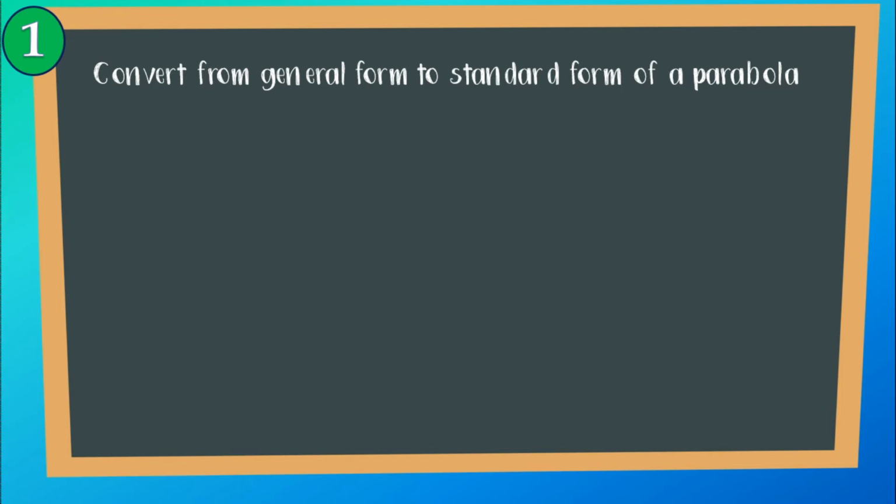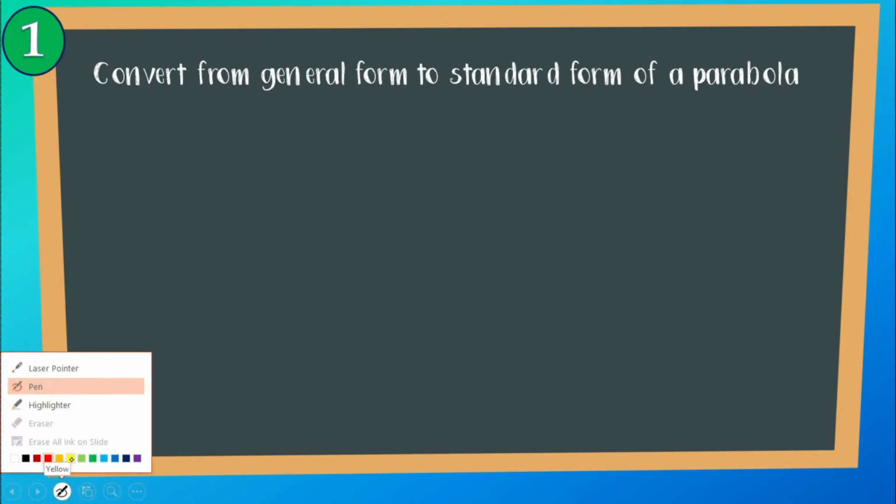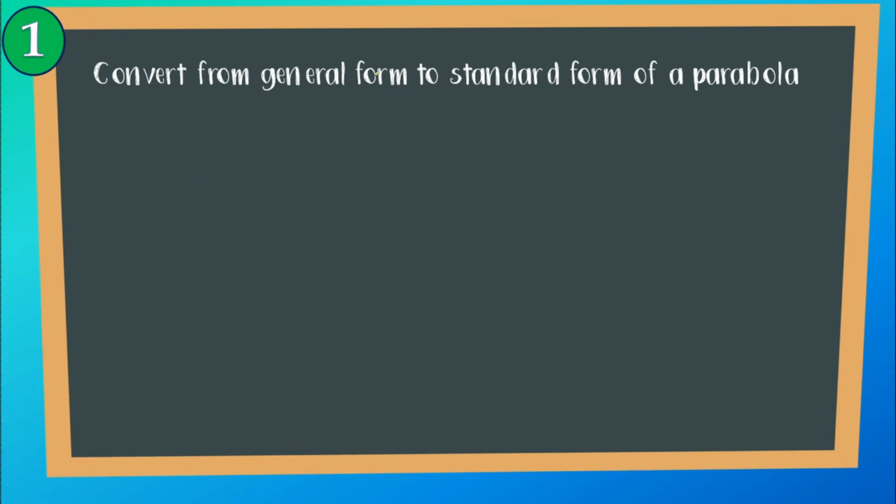Okay, number 1, convert from general form to standard form of a parabola. So, we're able to discuss about the standard form of a parabola. By the way, pag general form naman, madali lang yung general form. Pag in-expand natin yung standard form given, magiging general form na siya. So, there are 2 cases sa general form.